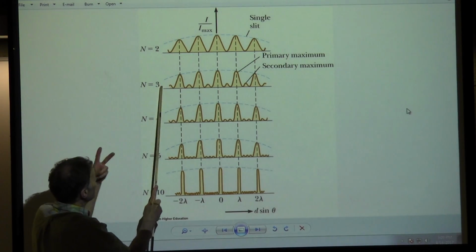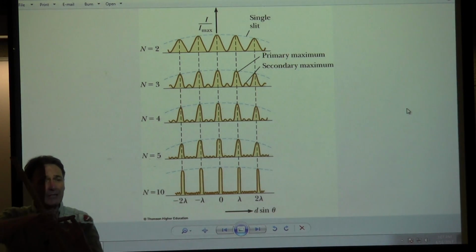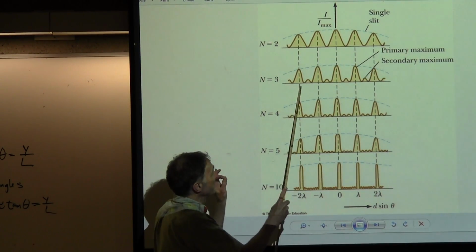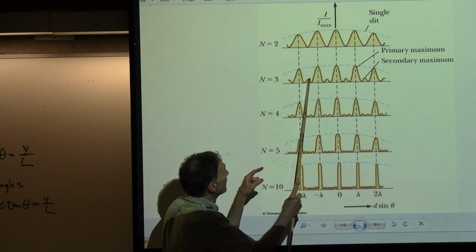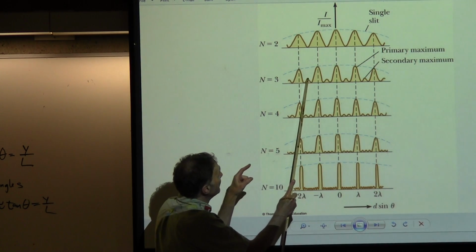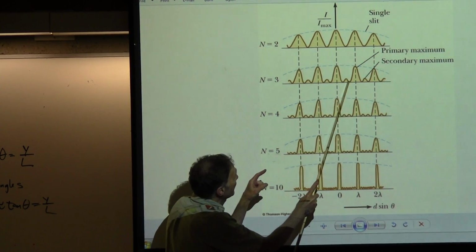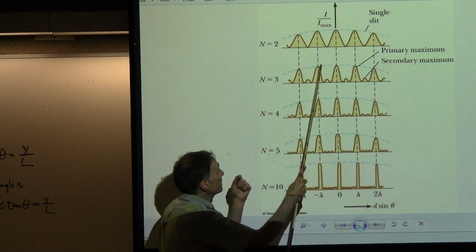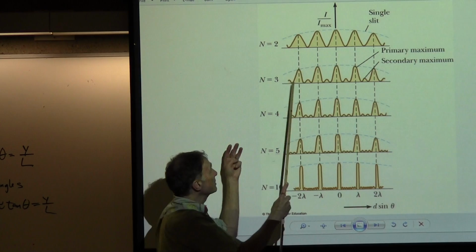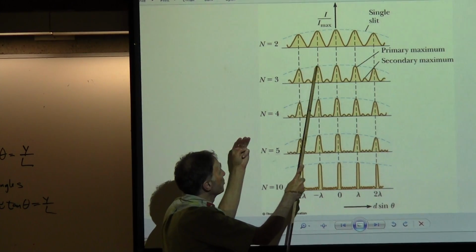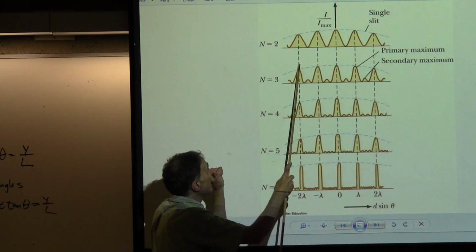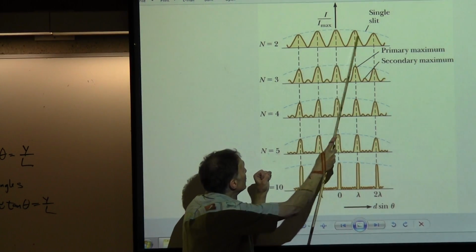If we've got 3 slits, 2 slits could be interfering and giving you a minima, and that third slit might give you just a little bit. So in that case, it gives what we call secondary maxima here. But the position of the central maxima, as if all 3 slits lined up in phase, would give us the bright fringes. And those are going to be in the same position as they would be for 2 slits.